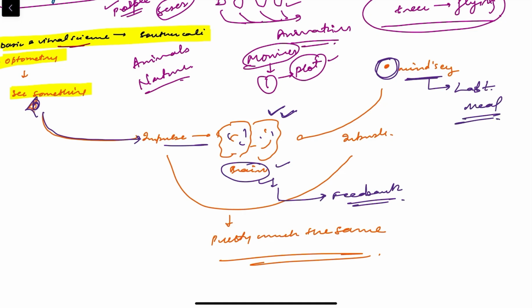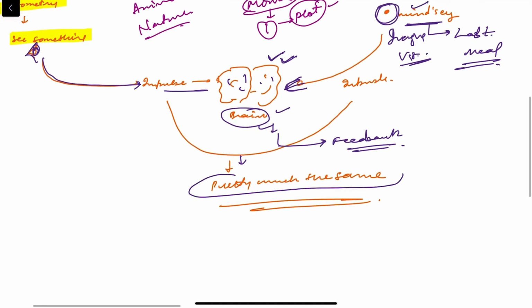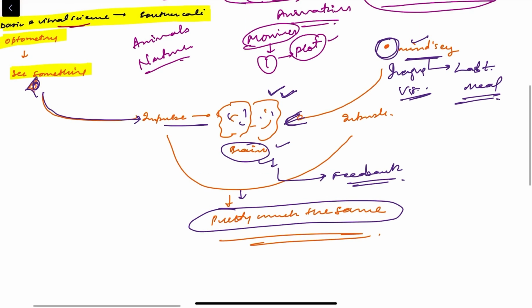Okay, so when you look at something or imagine or visualize anything from your mind's eye, that impulse is also sent to your brain. And now the coolest part is your brain actually cannot differentiate between which one is which, as in which one was seen from your actual eyes or which one was seen from your mind's eye.